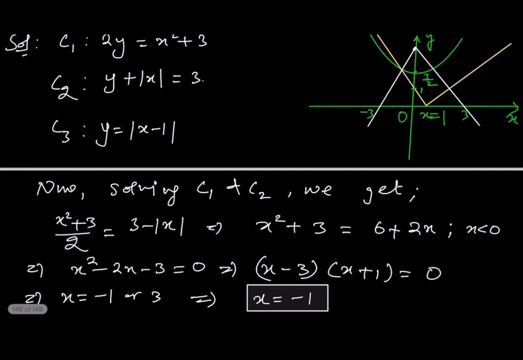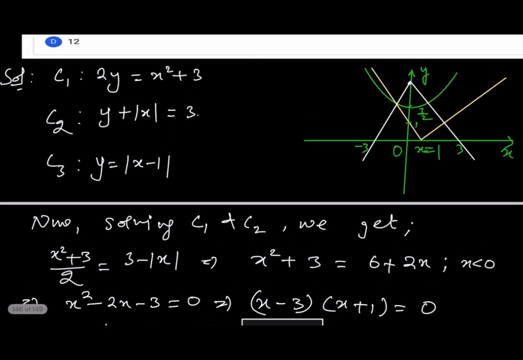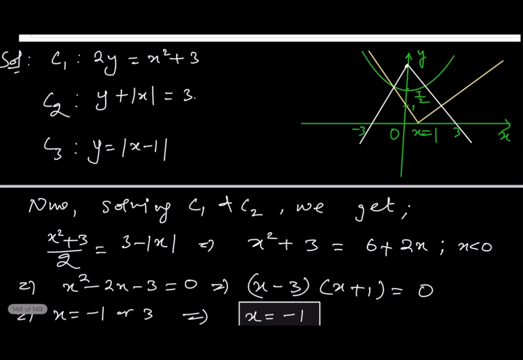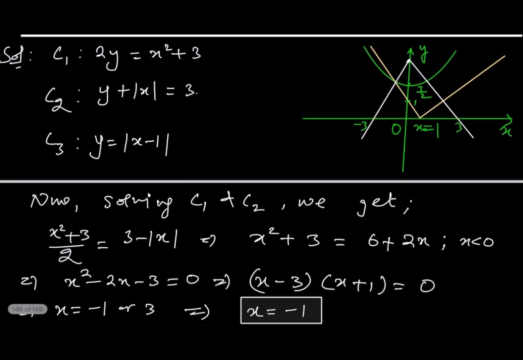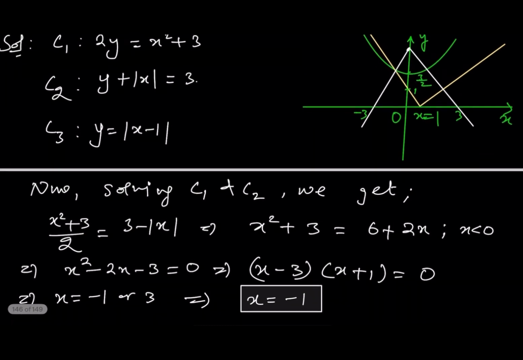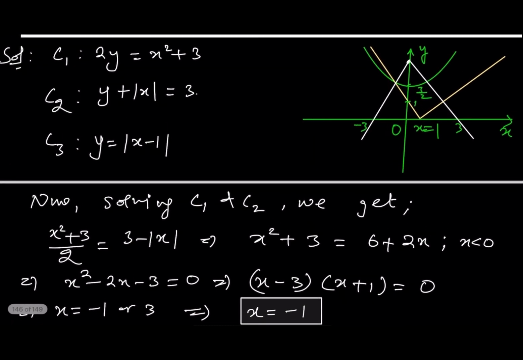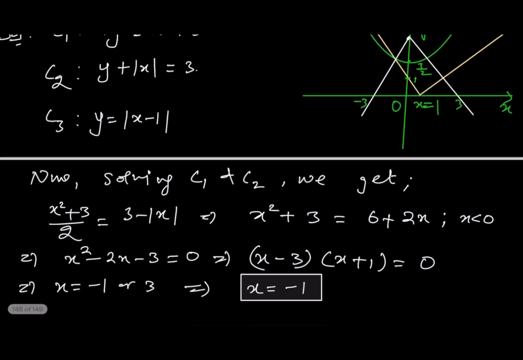One student might ask, sir, how did you draw these curves through the same intersection for all three? You can understand this by finding the point of intersection.